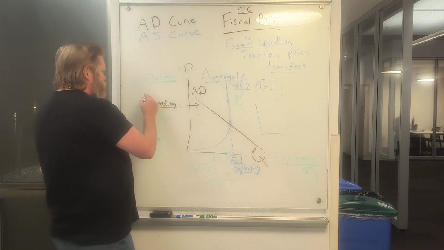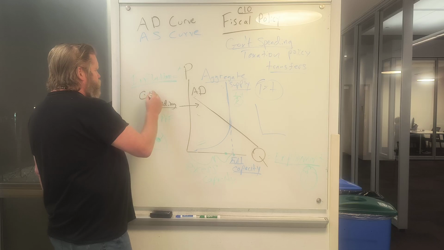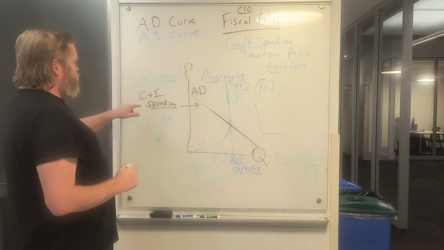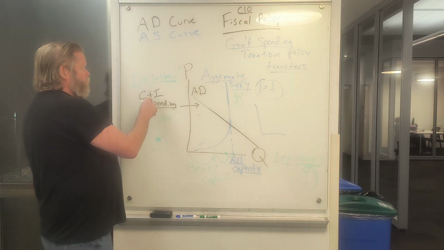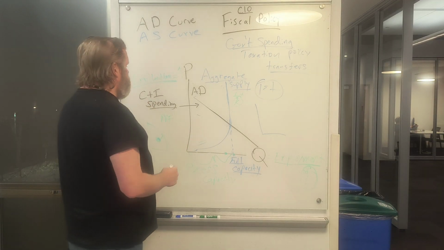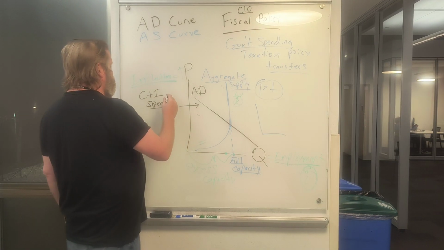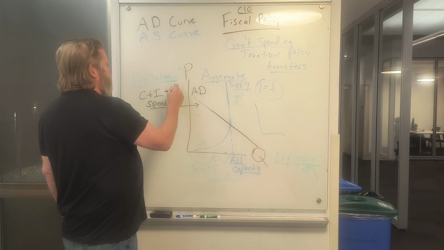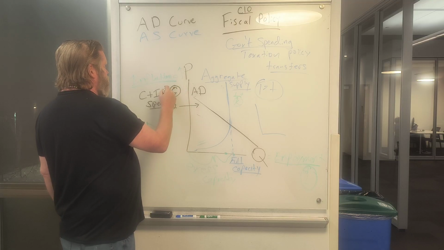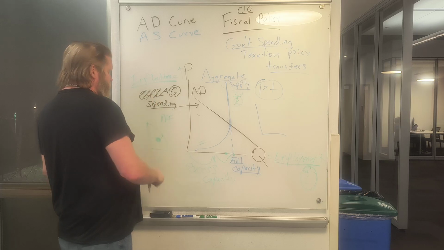So this is spending by consumers, consumption, just buying stuff. Investment, buying stuff to make stuff. I think of it as machines, capital. But there's also government. And today, what we're talking about is really government.